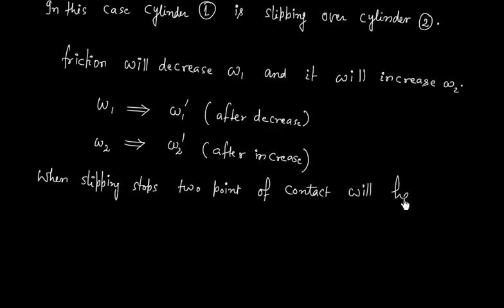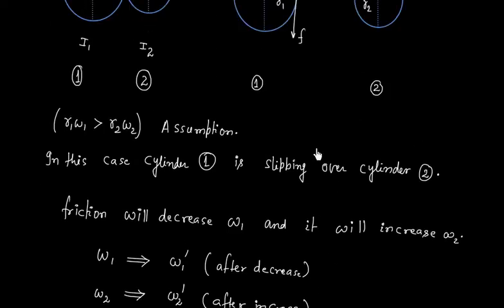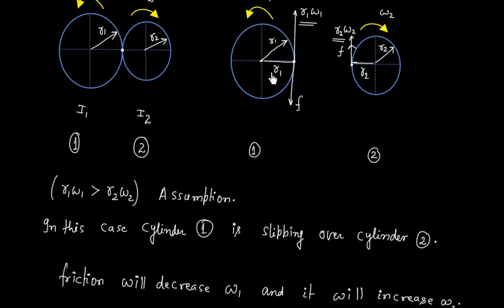They will have the same linear velocity. Linear velocity will be omega 1 dash into r1, and this is omega 2 dash into r2.